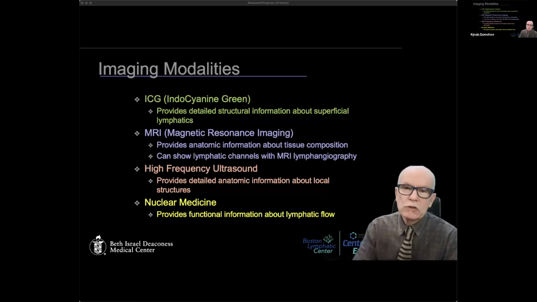And then, of course, there's nuclear medicine, which is my specialty. The nice thing about nukes is that it provides functional information. We put a tracer in the lymph, and we get to see that tracer flow through the lymphatics as it normally would, and go to the lymph nodes that it would normally go to.